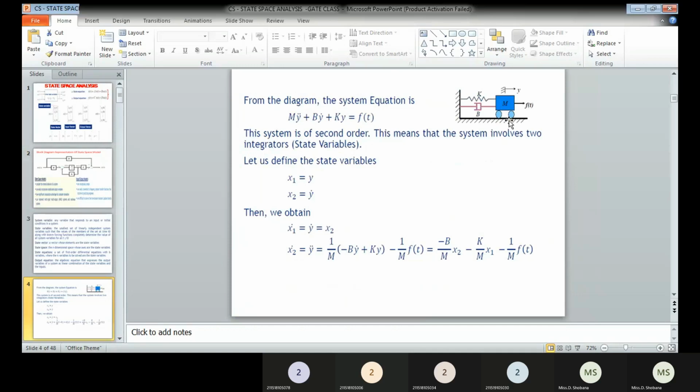So we have a simple mechanical system which has a mass, connected with the spring and dashpot. The other ends of these two elements are connected to the reference. The input is f of t, so force is the input, and the output is y, which is the displacement.